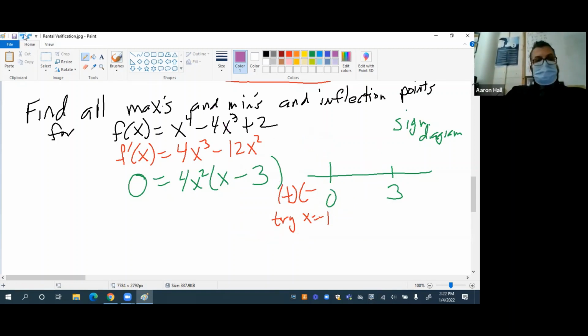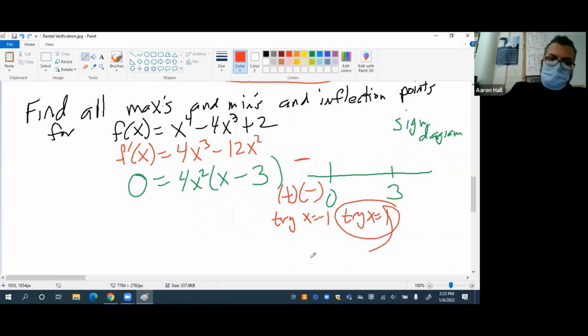So how do I find out what kind of slope I have here? Could I try 2 or 2.5 or 2.999? Any number in this interval will work. In this case, what did you say, try 1? Okay, we're going to try 1.